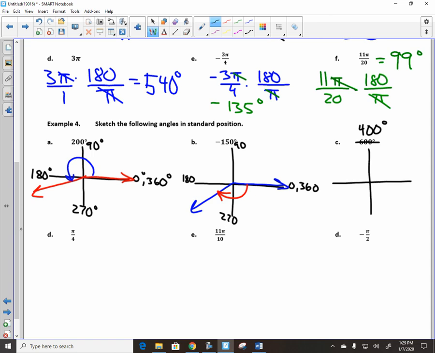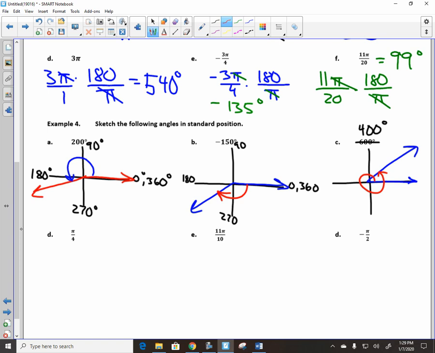So what we do is we draw an angle in a 40-degree position. However, we need to show that you went around the circle more than once. In order to show you went around the circle more than once, you actually draw that piece there to show you went around more than once.